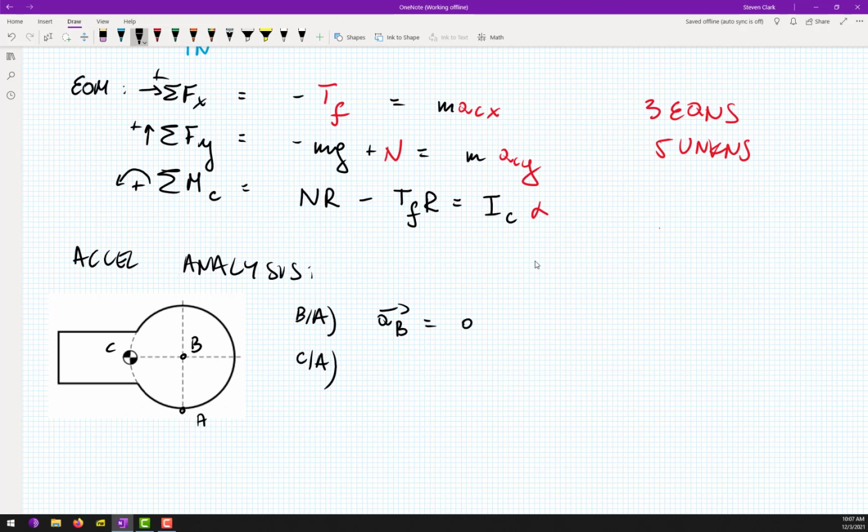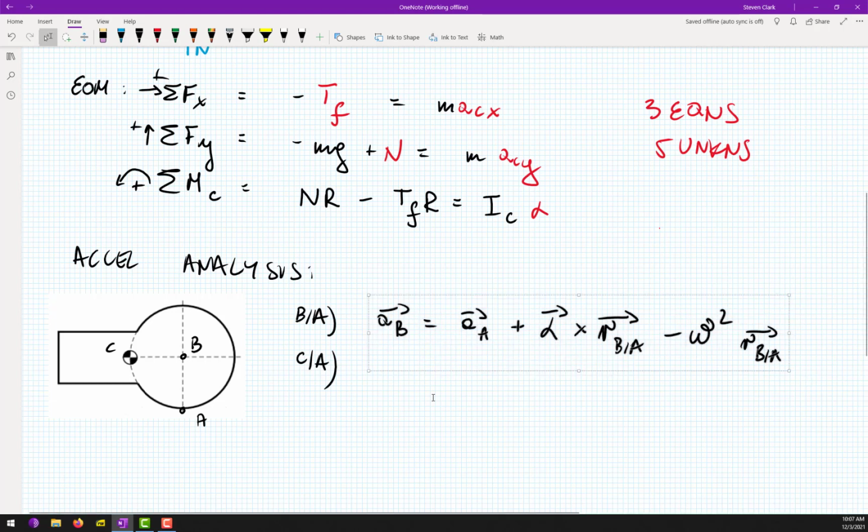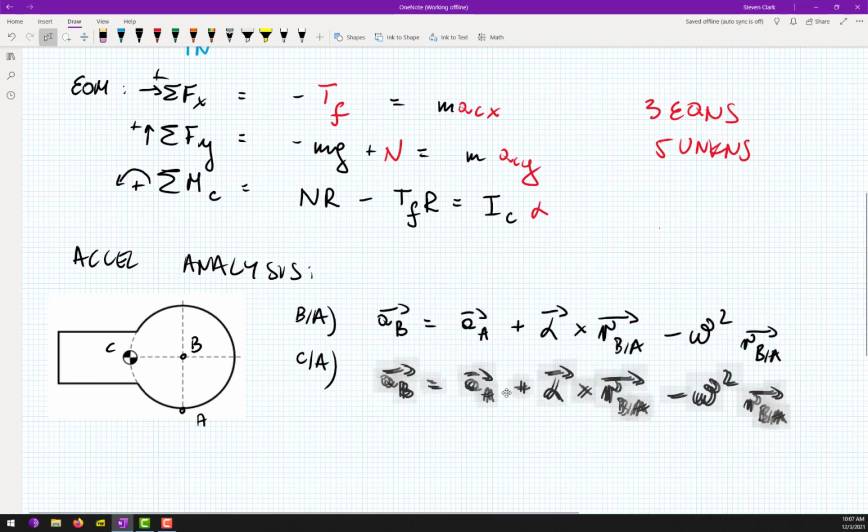AB is equal to AA plus alpha times RBA minus omega squared RBA. I'm just going to copy this expression and paste it one line below, and change subscripts.